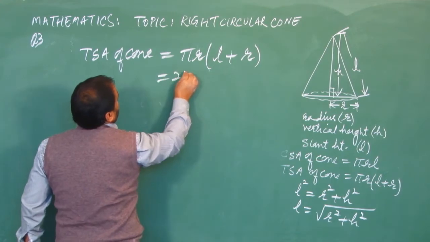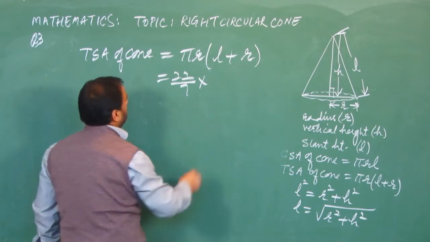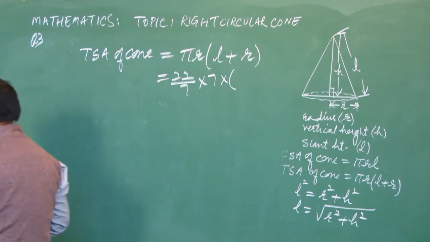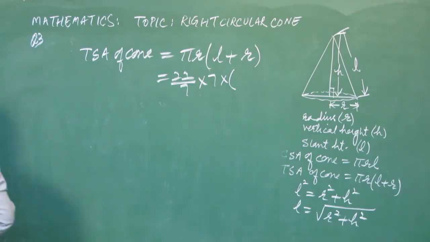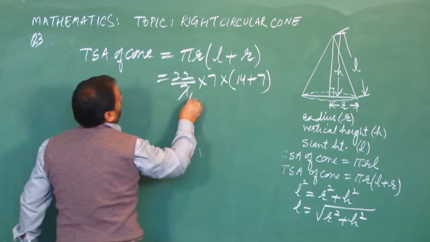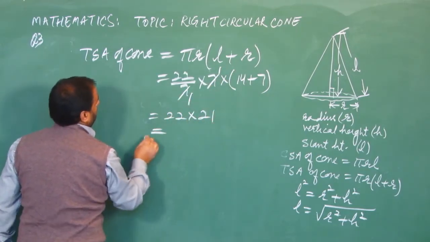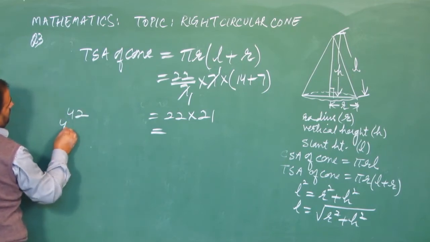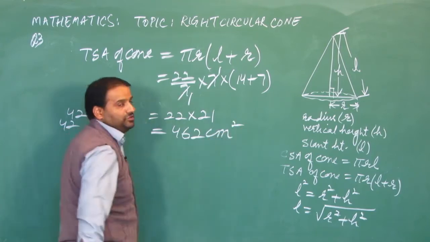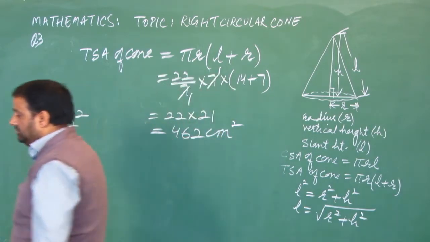Now, pi taken as 22 by 7 and R we found out was 7. What is the slant height of that cone? It is 14 centimeters and radius again 7, that we found out. 22 into 21, how much is that? It is 462 centimeter square, the total surface area of that right circular cone.